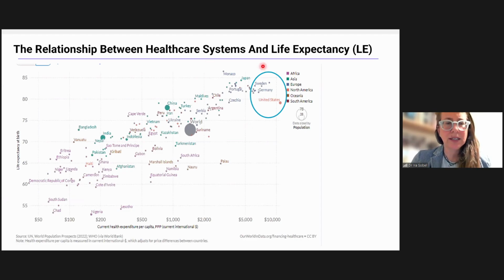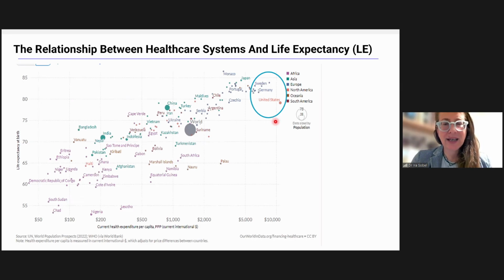Scandinavian countries like Sweden and Norway, or even Asian nations like Japan and Singapore, have high healthcare expenditure and a corresponding high life expectancy. But the US is an anomaly: high spending, but less impressive outcomes.